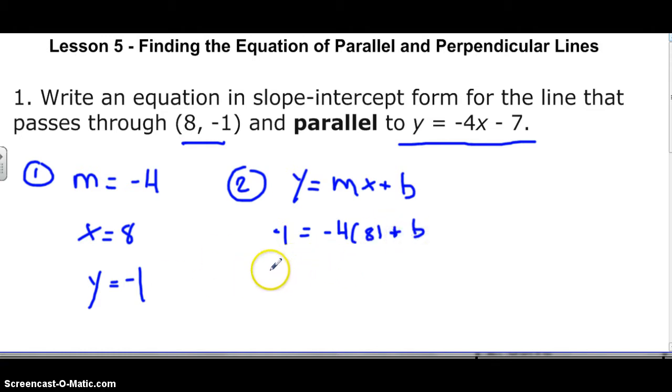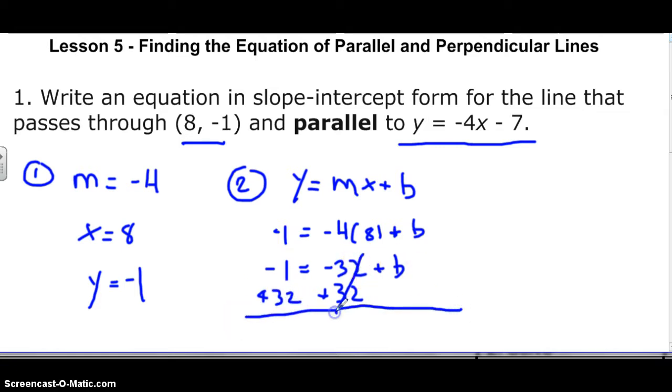Now we have to solve for b. We get -1 equals -32 plus b. Next, we add 32 to both sides, and this cancels. This becomes 31, and all that's left is b. So we found out what our b is.